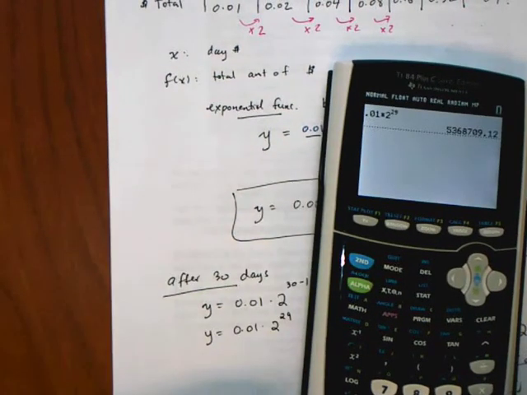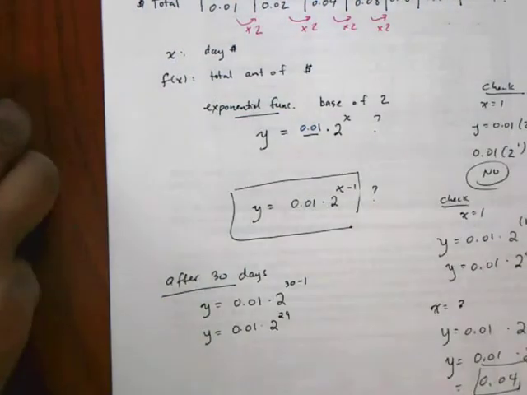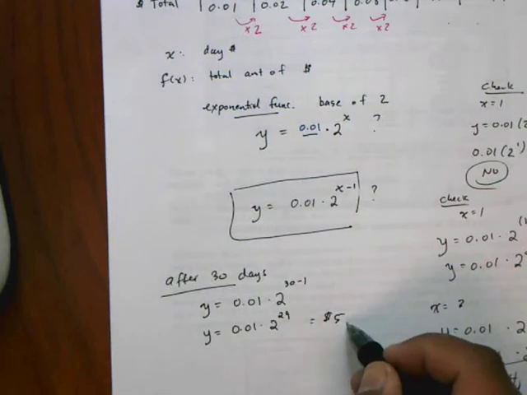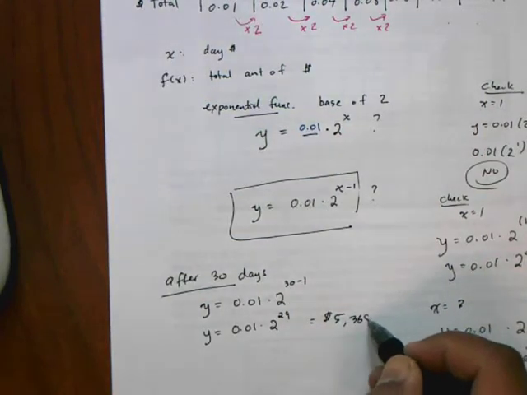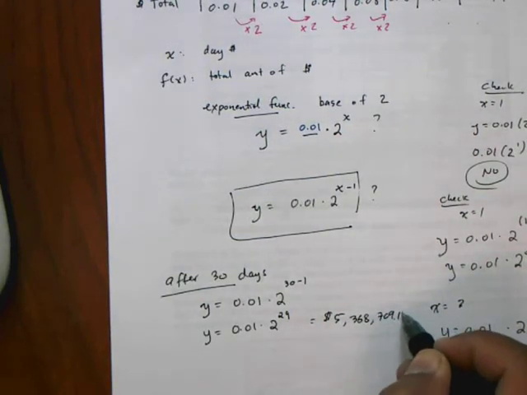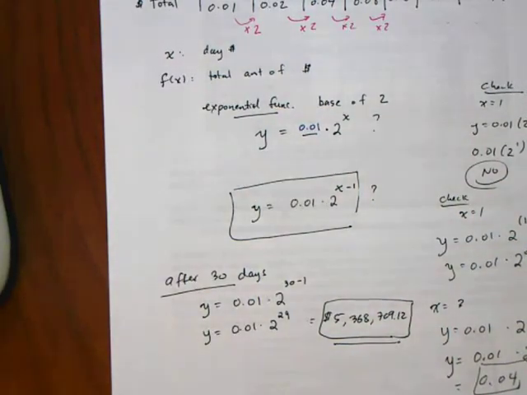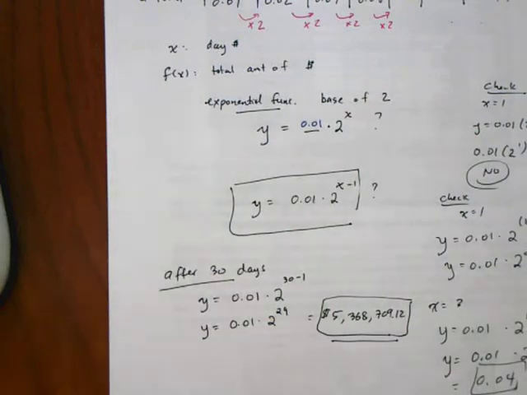And that gives me that number. That looks like $5,368,709.12. There you have it. So clearly, option 2 is your better choice here.